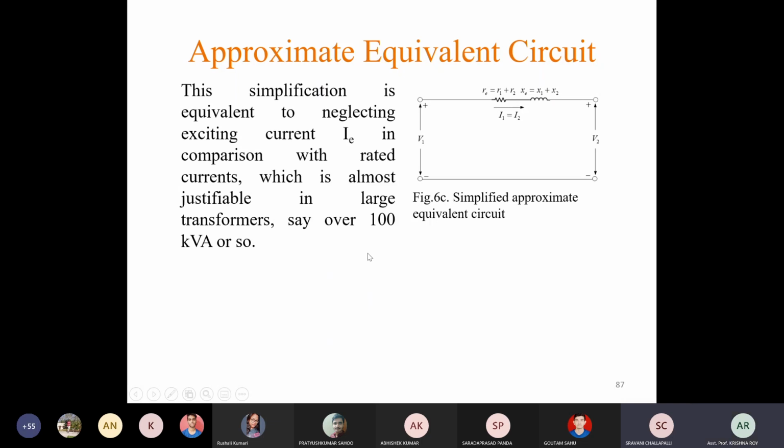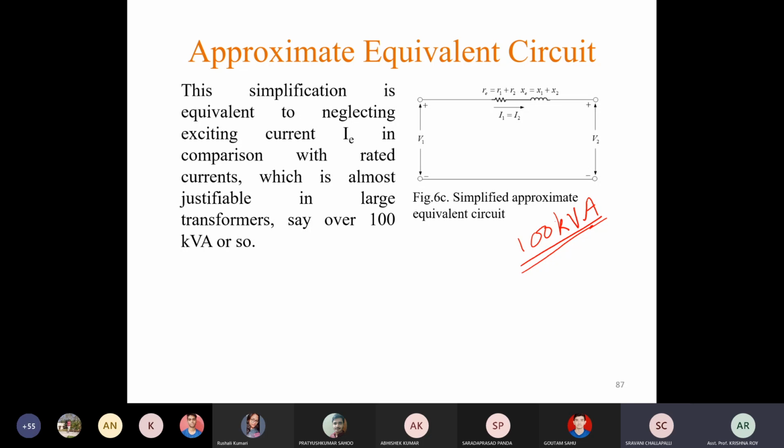Now this simplification is valid for transformers which have a power rating of over 100 kVA. So any transformer having a power rating of 100 kVA or more, we can apply this kind of simplification.